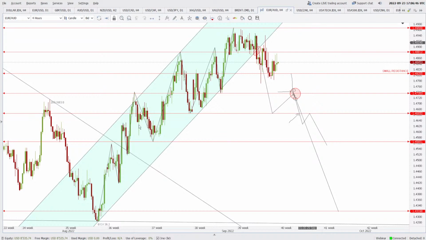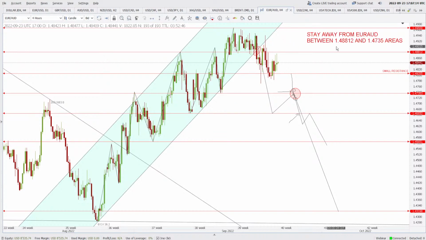The verdict is stay away from Euro AUD between 1.4881 and 1.4735 areas. Is it okay when I say this? Between this area, I think we should not be worried about euro or wherever it is going.